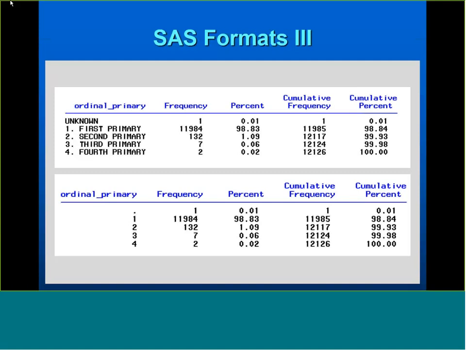But when I apply the SAS format to it, if I run the previous code that I showed you, what appears on the top is what I would actually get if I was going to look at the variable. It would replace the dot and show me that it's unknown, and then it would replace the 1 with 1 dot first primary to basically tell me what it is. Like I said, the formats help you provide cleaner output that's a little bit more self-explanatory.